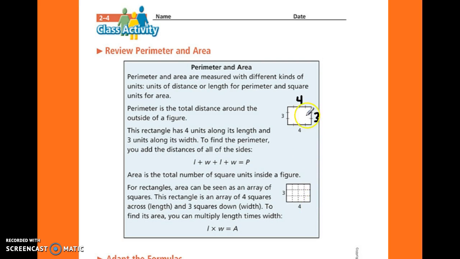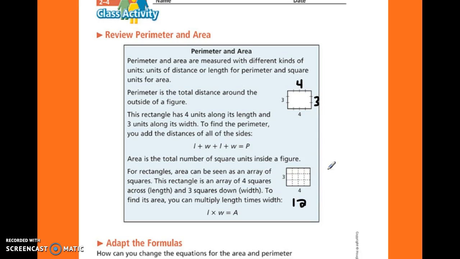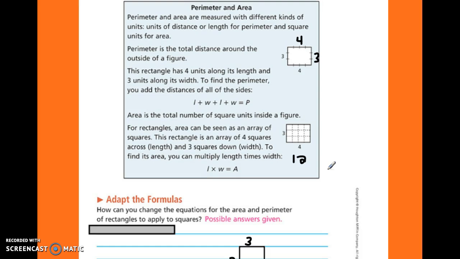So it's the same rectangle, but now we're trying to find the area inside the shape instead of the outside. And to find area, we multiply the length times the width, or the height. So we're going to say 3 times 4, which is 12, and we would label it square units because it's the area.